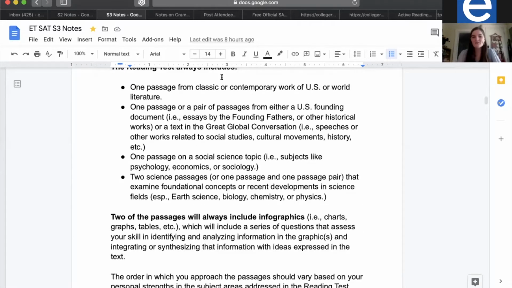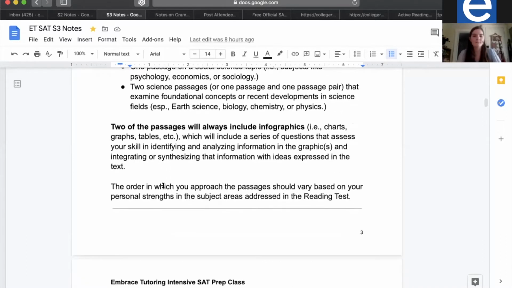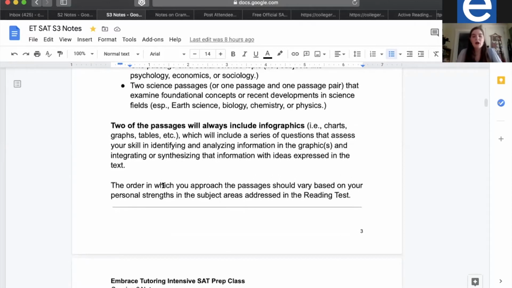You may also see, in the humanities or social science section, things related to careers. They like to integrate discussions about particular career paths, since you're going into college and then presumably entering a career afterwards. Okay. So that's the content, the subject matter that is actually addressed in each of the passages.